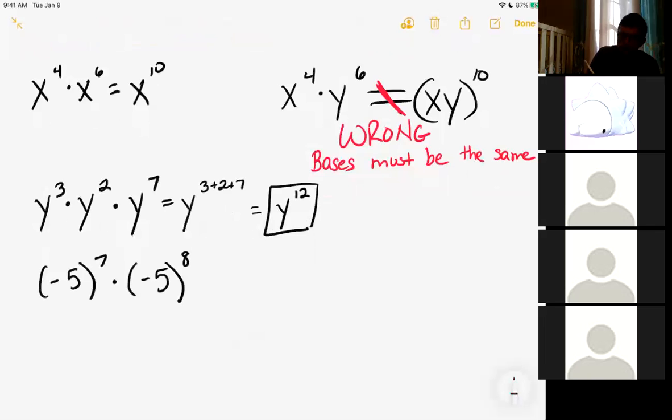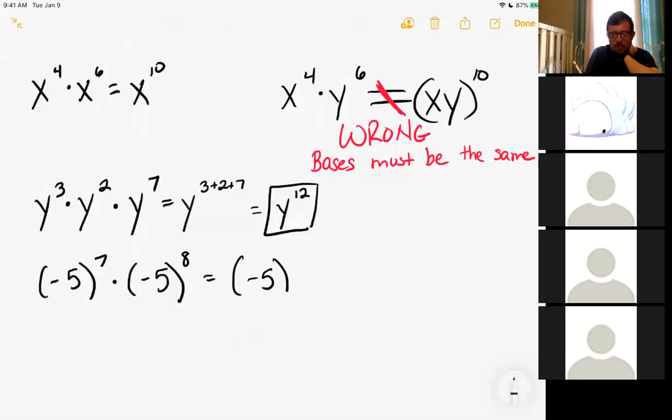What do you think? What's your guess? Parentheses, -5, exponent 15. Very good. You are so smart, Kelch. Good job.